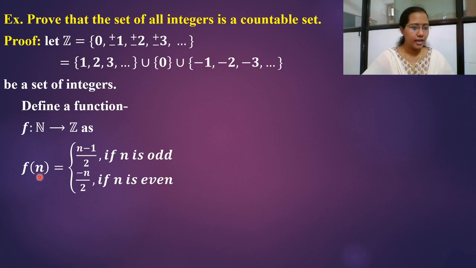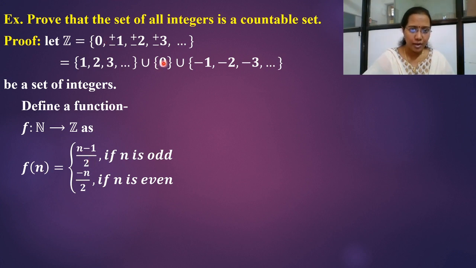Now this N is the set of natural numbers. Let us take the numbers one by one from the natural numbers and check whether all the elements from the set of integers are covered or not. So the first element from natural numbers, let us take 1, f of 1. Now 1 is odd, so (1 minus 1) upon 2, that is 0.